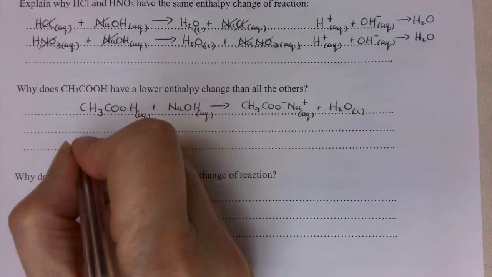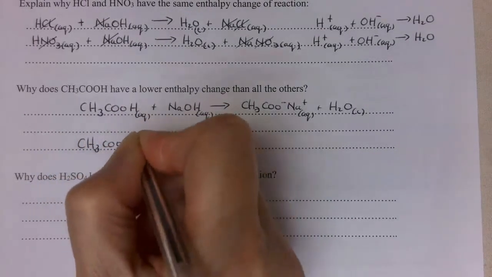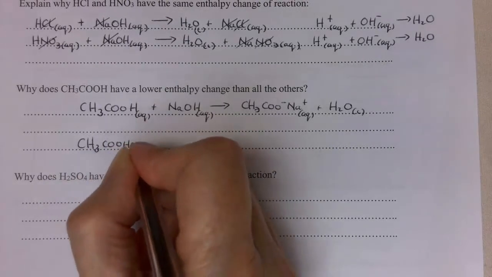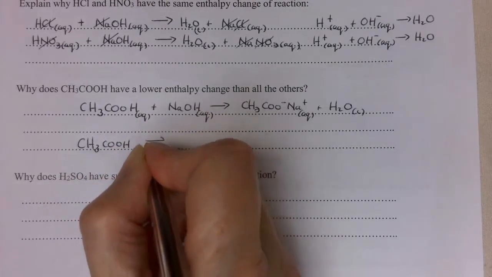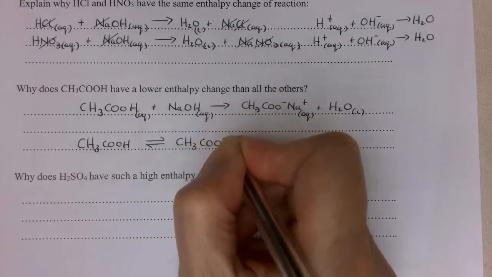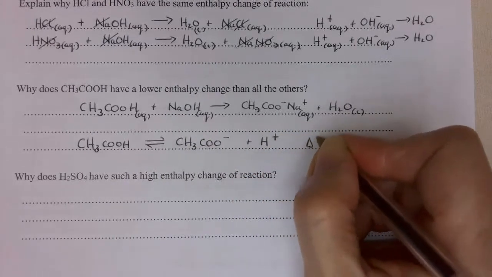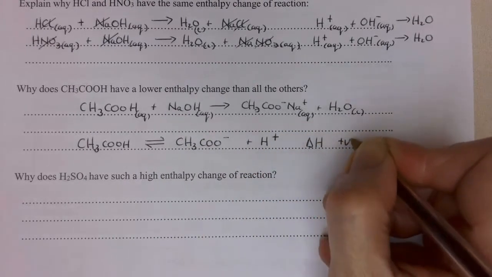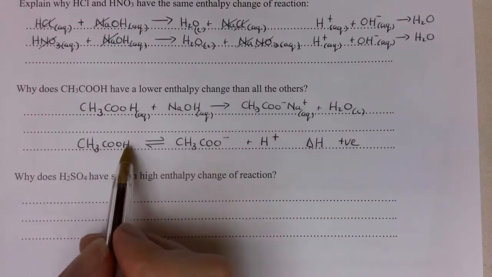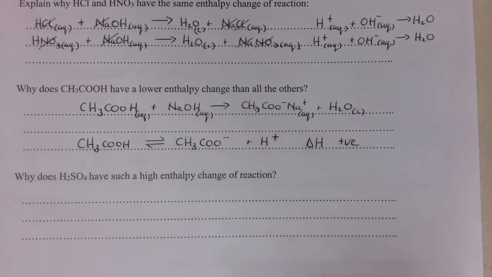However, there is a second, or if you like, first reaction that actually has to go on. This ethanoic acid has to ionize. In other words, you have to get that hydrogen ion away from the salt. And this reaction is very slightly endothermic because you're breaking this bond here. So this reaction to release the hydrogen ions is going to require some energy.